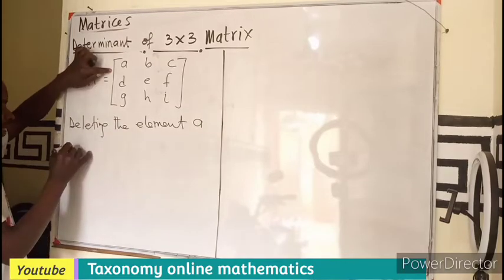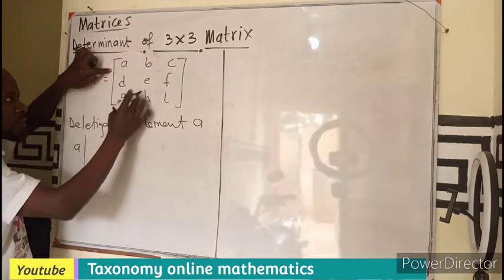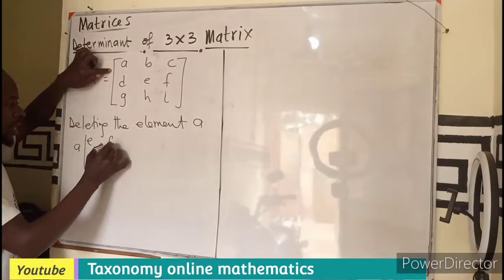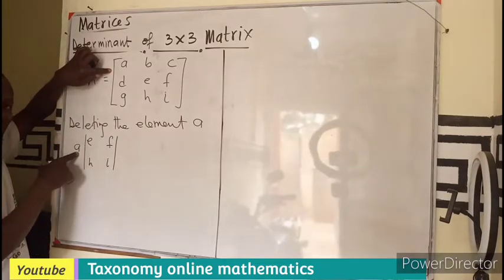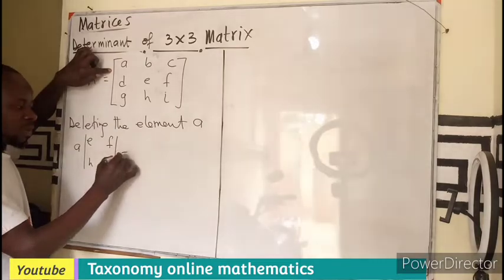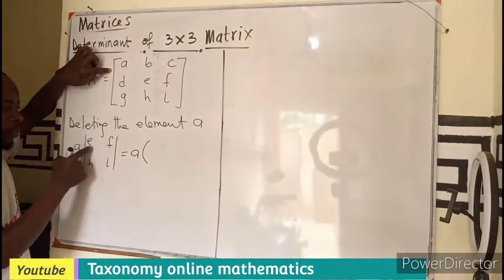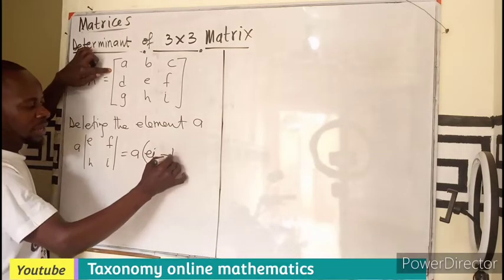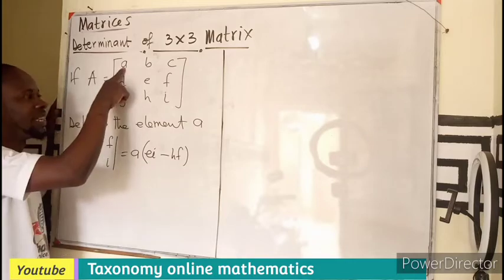So it could be that I take the A, I've taken this out, so I'll be left with E, F, H, I. So finding the determinant, this is a scalar, don't forget. So this is going to be A multiplying the product of the leading diagonal, EI, minus the other diagonal, HF. That is the first one if I am deleting this.